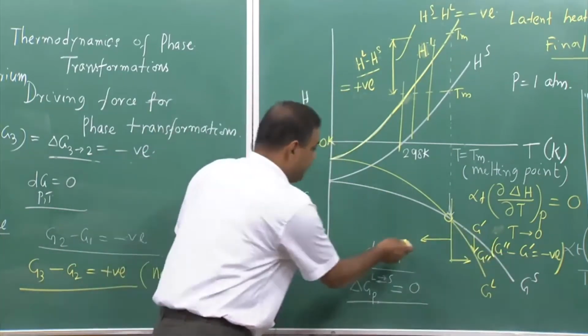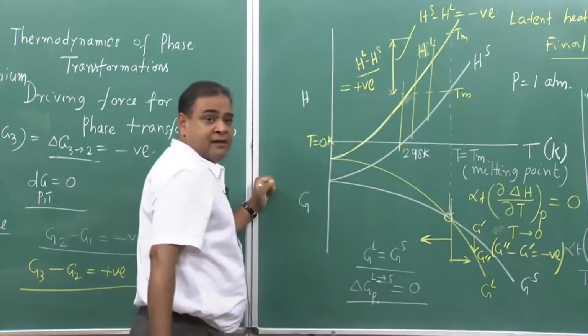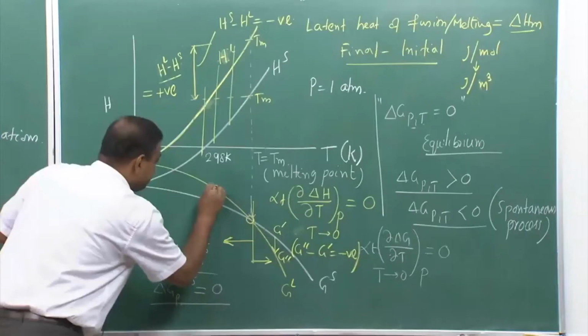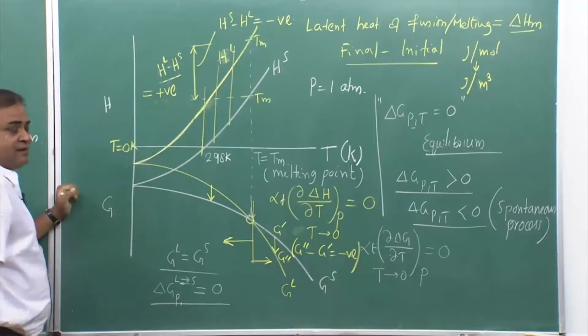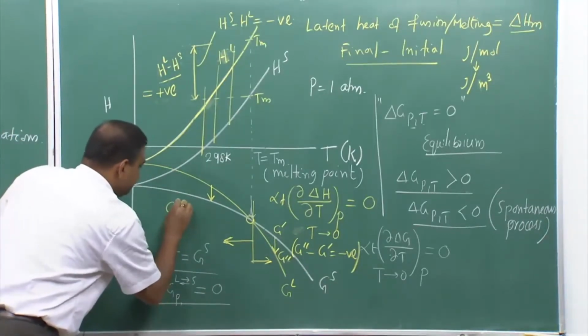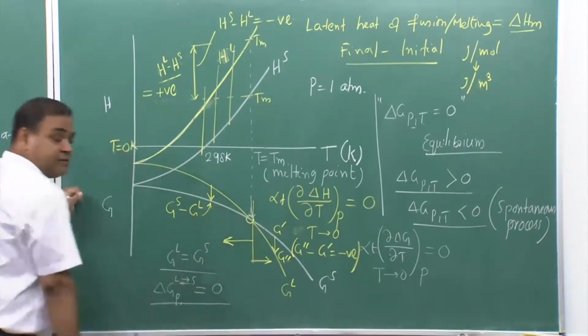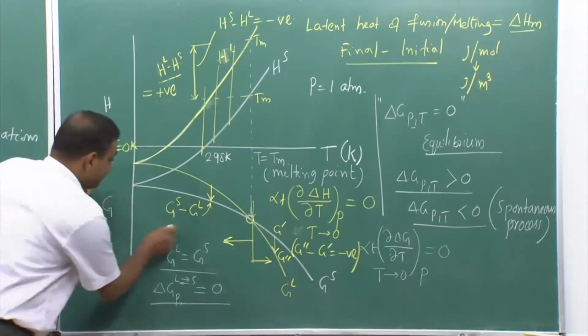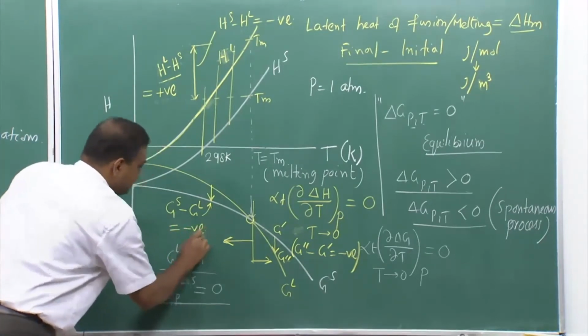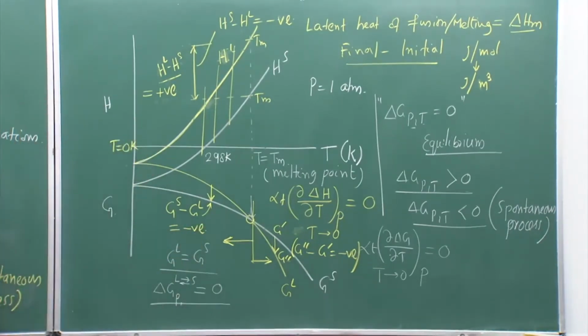Now, if I go this way, then G S minus G L at this temperature becomes negative. So, again it becomes a spontaneous process.